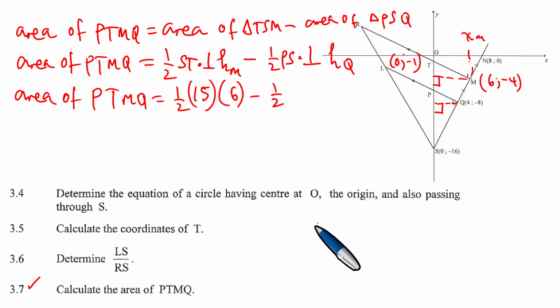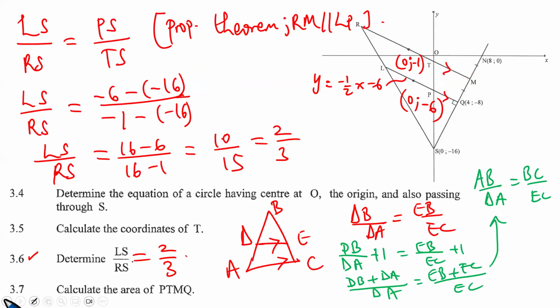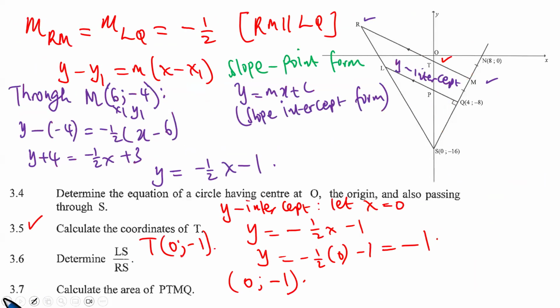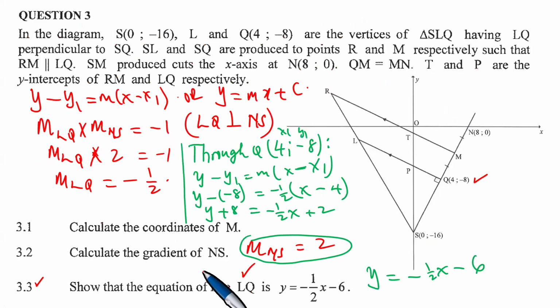Then you have PS. Which means PS is what? The base, but you already know the coordinates here. We've already got the line through LQ.